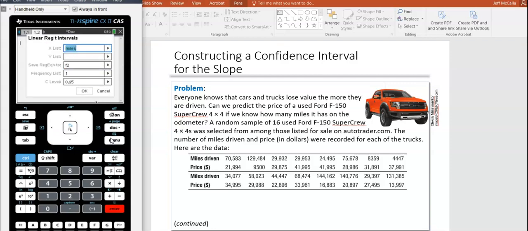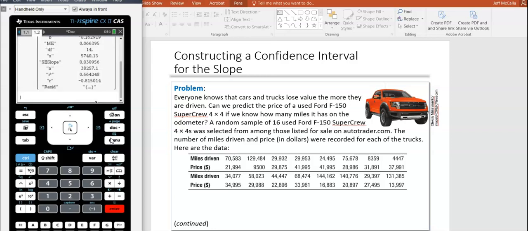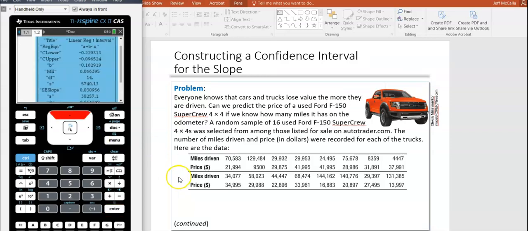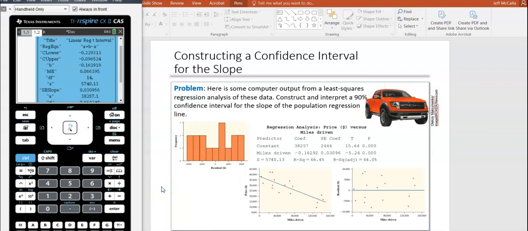Choose your, I think miles was our X there, and price was our Y. Assuming you're doing 95%, I'm just going to leave it like that. So it gives you all this data, which I think is the same data they're going to have in their output. Some students might do it just so it's easier to read the stuff. It actually is easier than reading pure output sometimes.